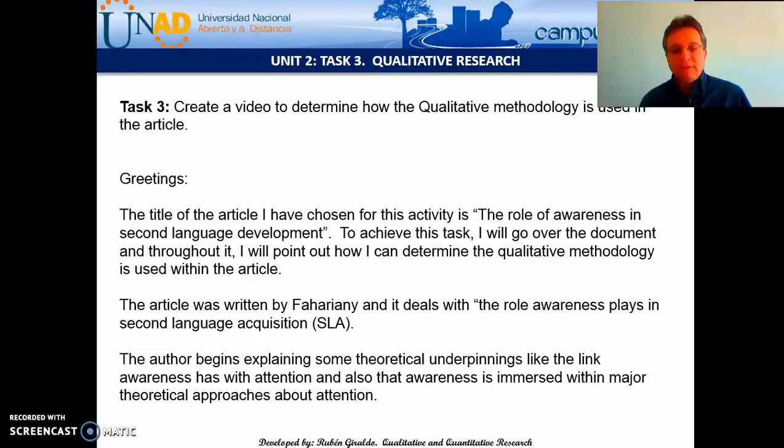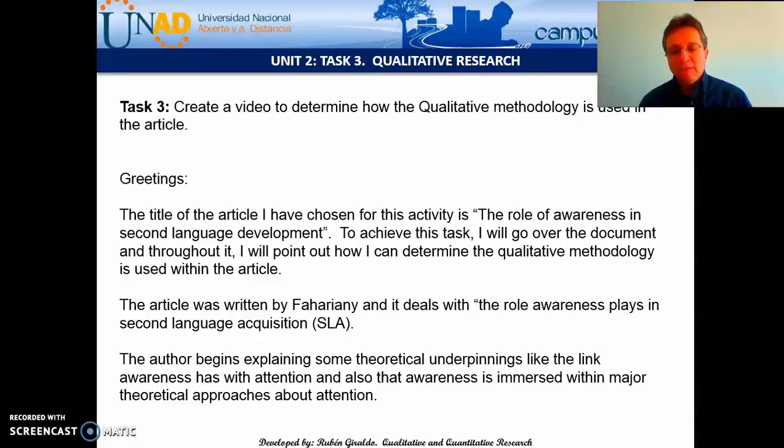The article was written by Fahariani and it deals with the role awareness plays in second language acquisition, SLA. The author begins explaining some theoretical underpinnings, like the link awareness has with attention, and also that awareness is immersed within major theoretical approaches about attention.